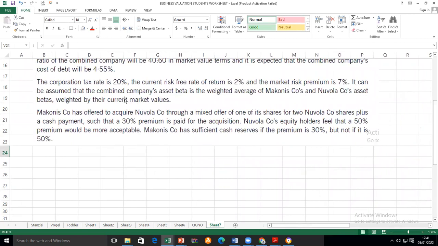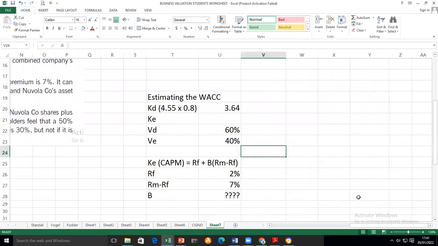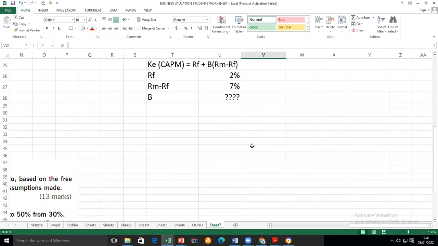It can be assumed that the combined asset beta is a weighted average of M and N asset beta weighted by their current market values. That's exactly what we saw in the other question as well, isn't it?